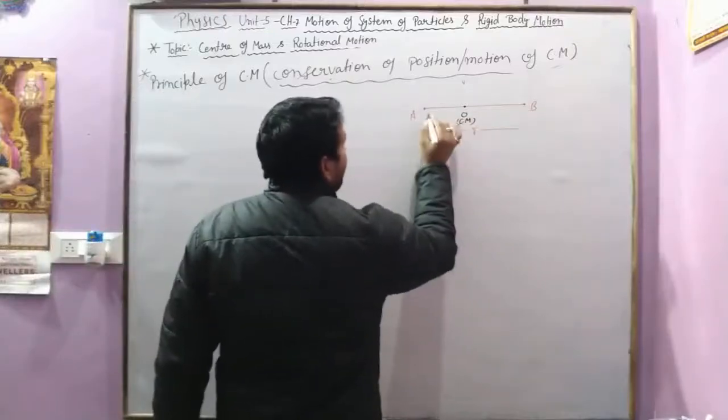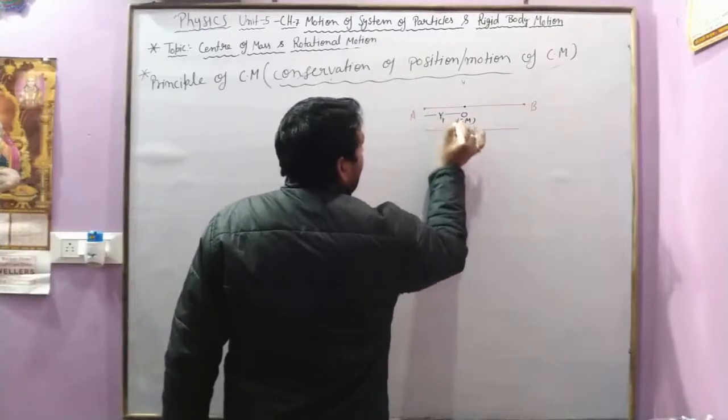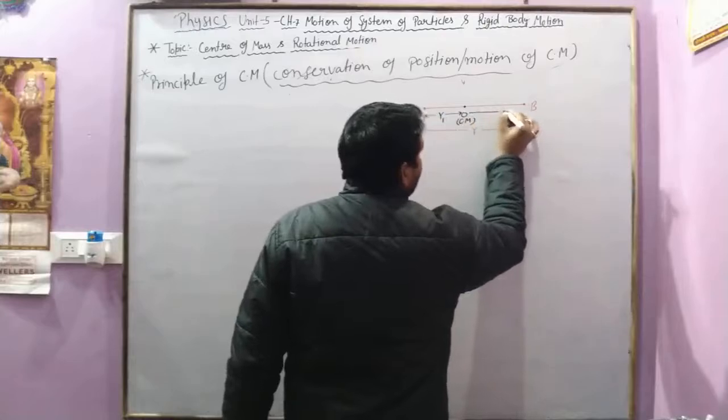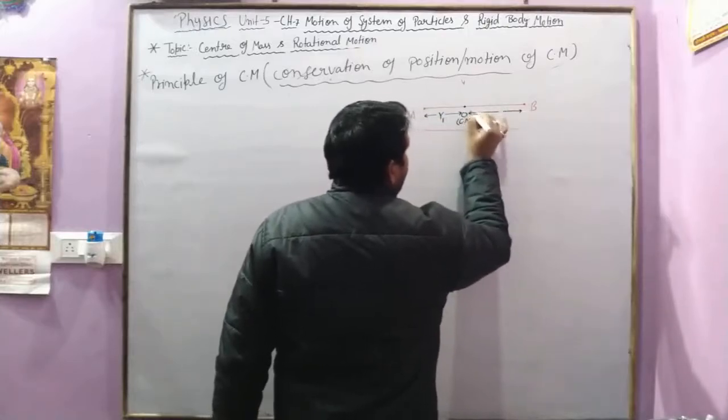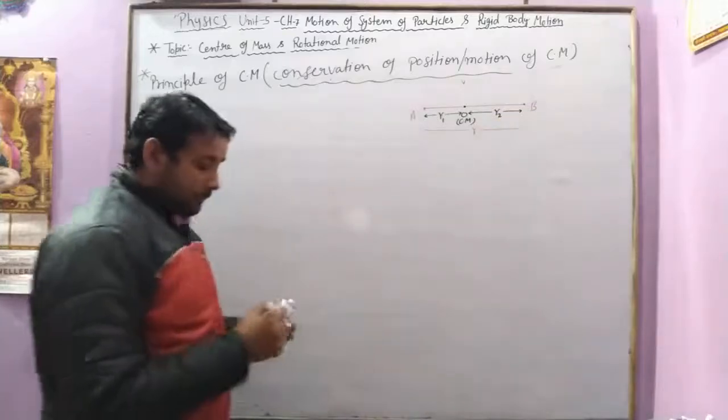Therefore the distance between A and O is R1, as we discussed in the derivation, and the distance between O and B is R2.